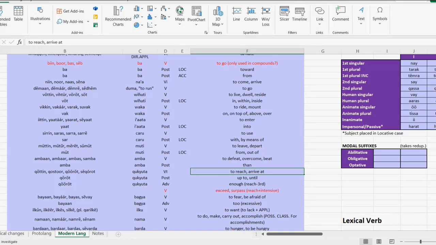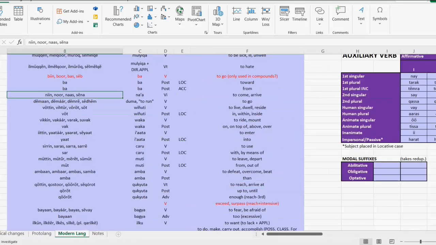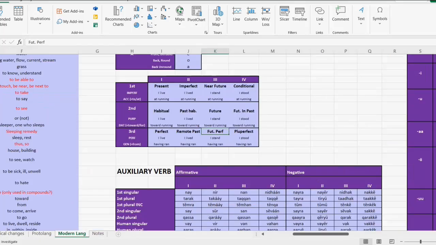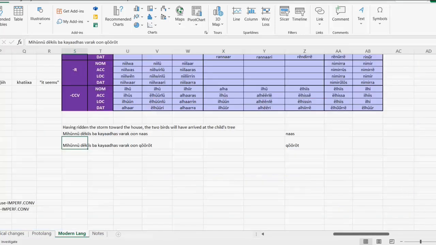Let's try both versions and see how they work. In either case, for the future perfect, we need the third principal part. So that's nas and korot. And then the auxiliary to pair with that would be form 3, and it would be animate singular, because the dual triggers singular agreement. And then we need the child's tree.